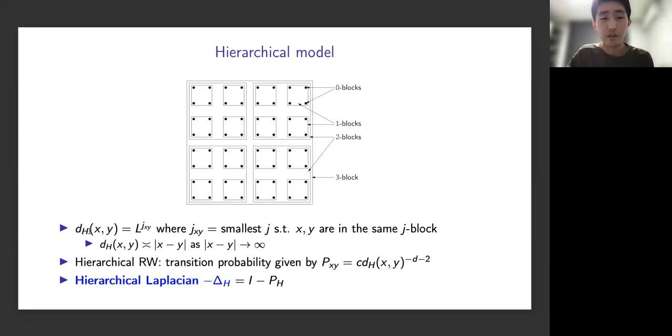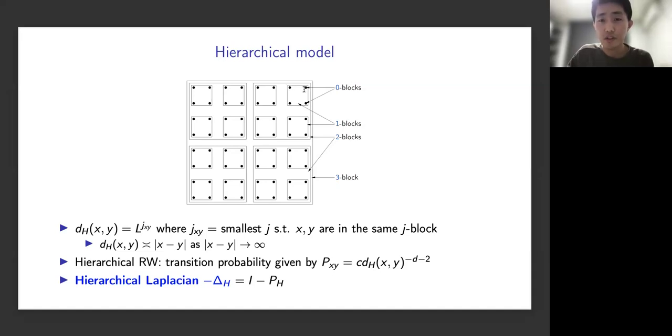The hierarchical distance between points x and y is defined as L to the j_xy, where L is a fixed parameter, as we have defined before, and j_xy is the smallest j such that x and y are in the same j-block. I think this picture would be helpful to understand what j-blocks are. In this picture, L is simply equal to 2.